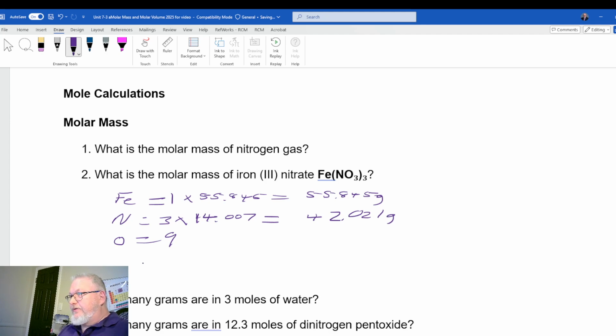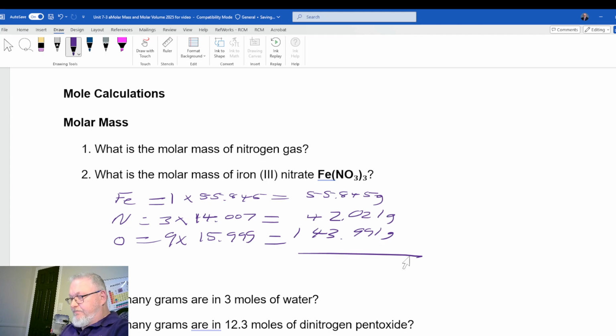Oxygen has a mass of 15.999, almost 16. So that would be 9 atoms of oxygen. 9 times 15.999 is 143.991 grams. So now to get the total molar mass of iron 3 nitrate, Fe(NO3)3, add it up.